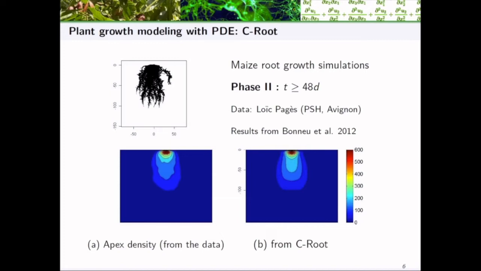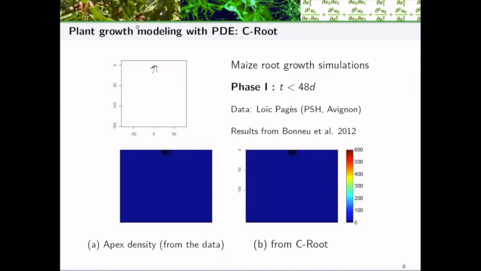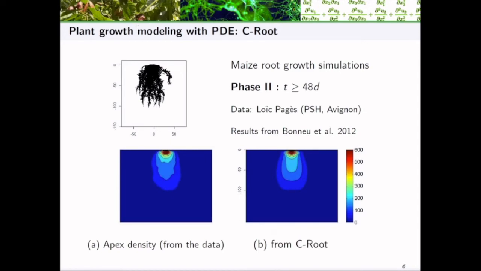And here, from the structural description of the roots, we compute the apex density, which is the movie on the bottom left corner, and from those data we calibrate the C-root model, and we obtained the movie on the left-hand side by simulation. And we are rather happy to see that the simulation given by the C-root model is in accordance with the data we used before.